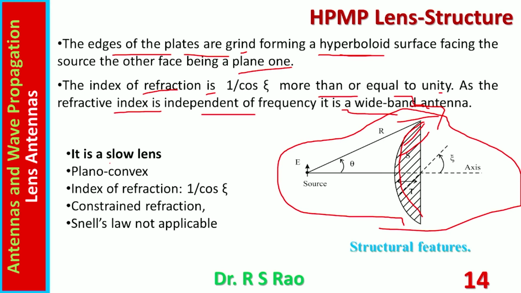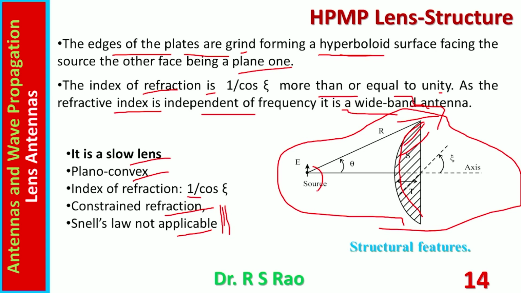Here a gist of the properties of HPMP is given. It is a slow lens, plano convex, refraction index is 1 over cos zeta, constrained refraction, Snell's law is not applicable. What is this constrained refraction?